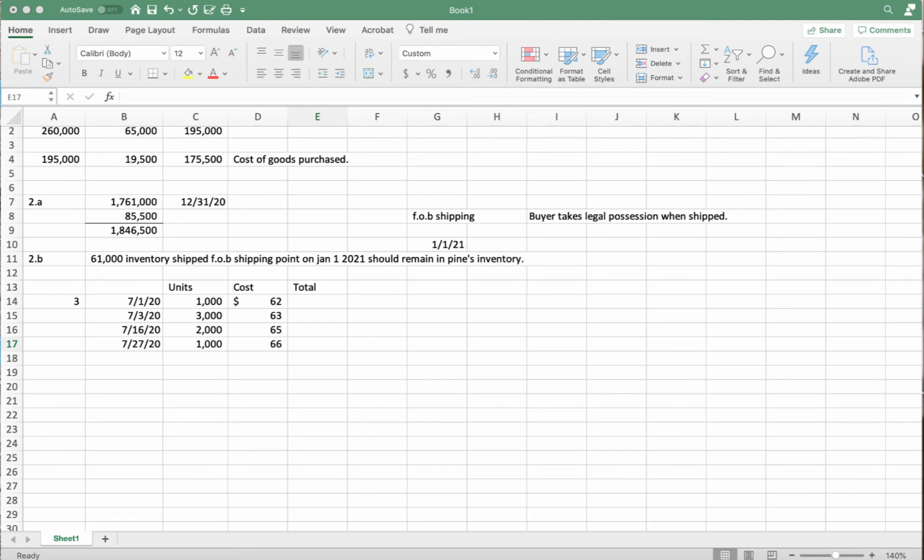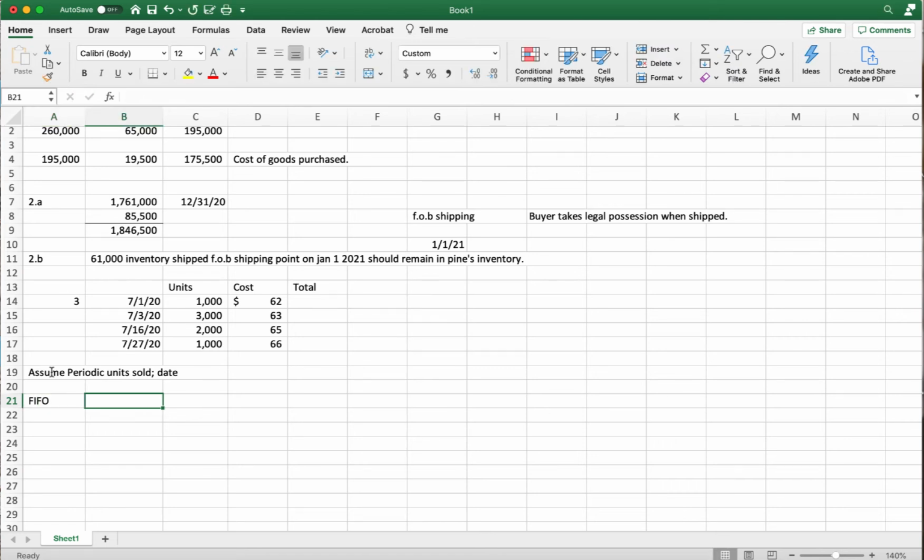So right off the bat, we need to assume periodic. Why? Because there are no dates or anything associated with units sold, meaning the date that we sold those or the number of units. So let's look at FIFO, first in, first out.